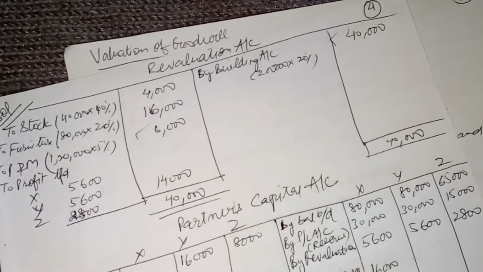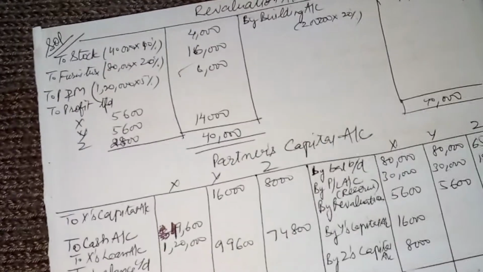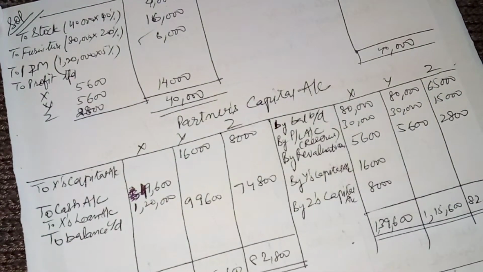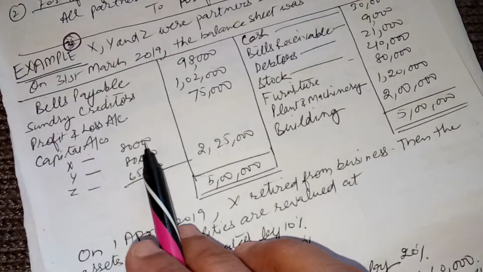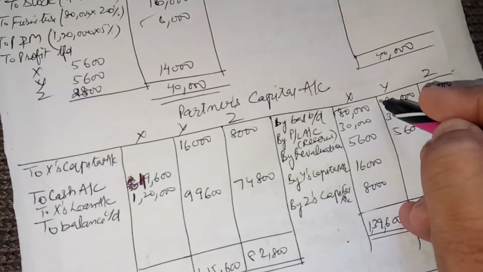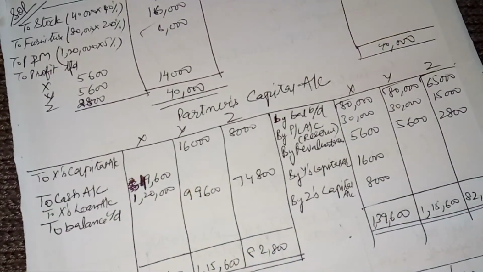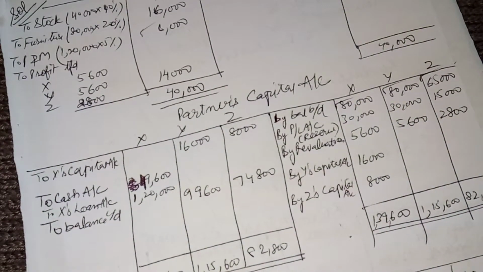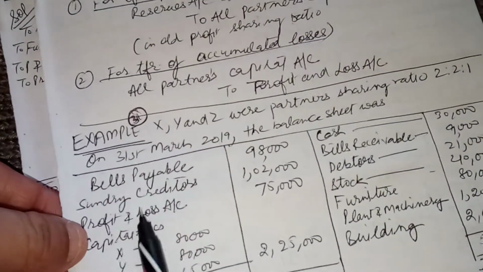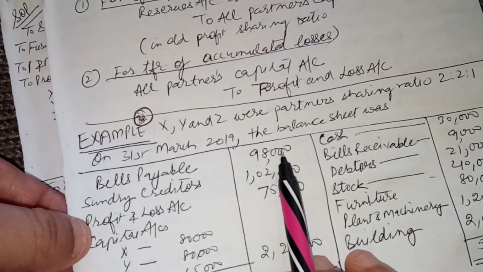Now come to the capital accounts of the partners. Now see how we do the capital accounts of the partners. The balancing figures: 80, 80, 65. So here we will bring down the balances 80, 80 and 65. Then we will transfer the old reserves. Here creditors and bills payable will not be transferred.